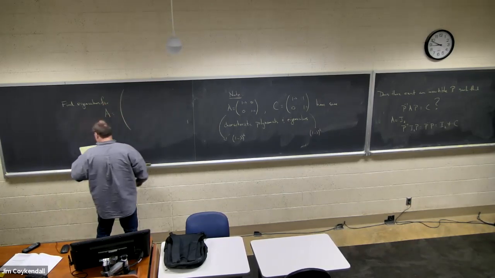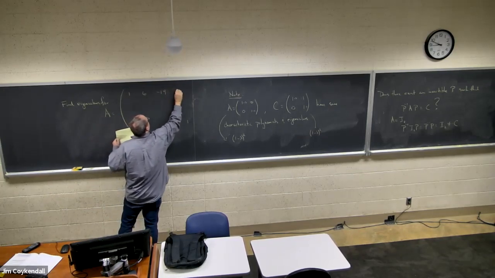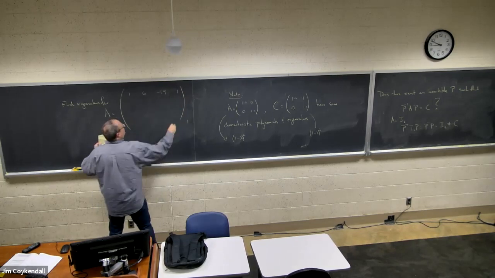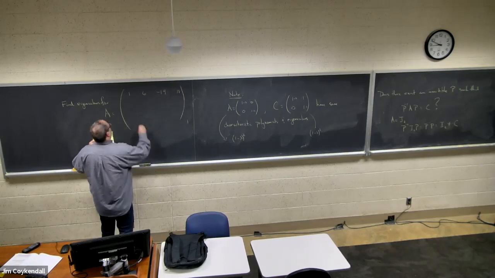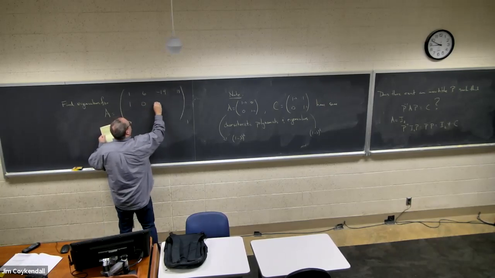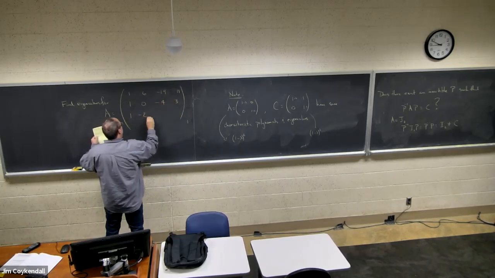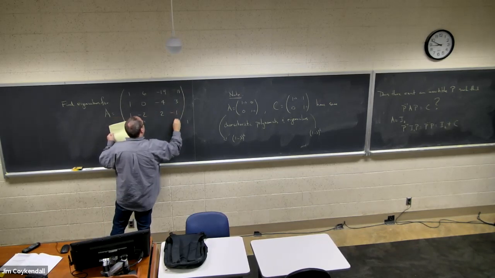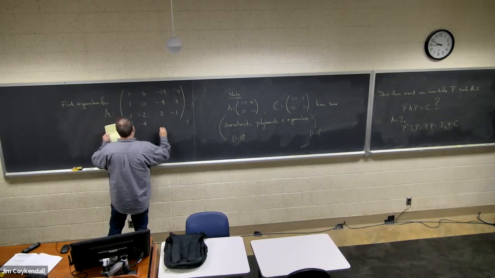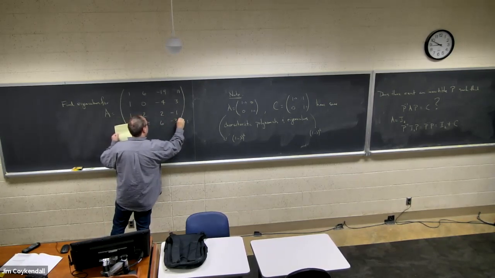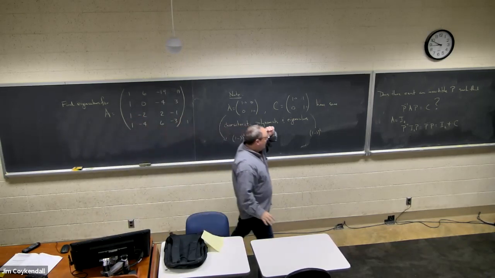Take the matrix A: 1, 2, 11, 1, 0, minus 4, 3, 1, negative 2, 2, minus 1, and 1, minus 4, 6. Fine. Yeah, you guys do this.